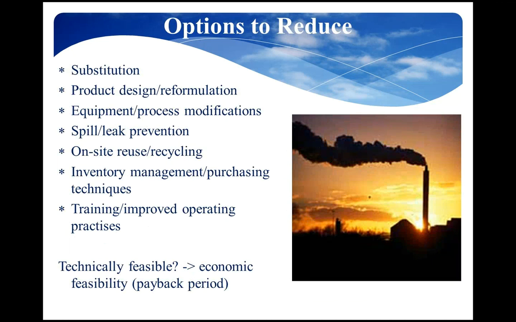As I said, the ministry does provide 7 categories for reduction options. You are required to assess all 7 categories to determine if reduction options exist. If an option exists, you're then required to determine if it's technically feasible, and then if it's technically feasible, you're required to determine if it's economically feasible.